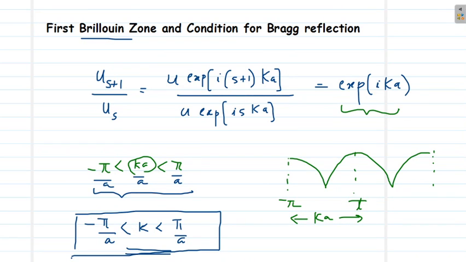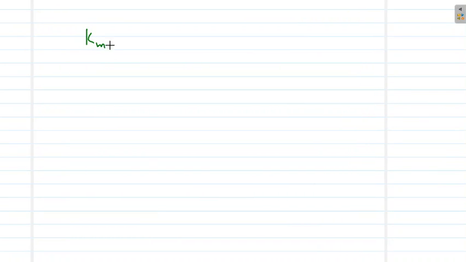So what are the extremum values of this zone? The K max are given by plus or minus pi by a, the extremum values which constitute the edge of the first Brillouin zone.